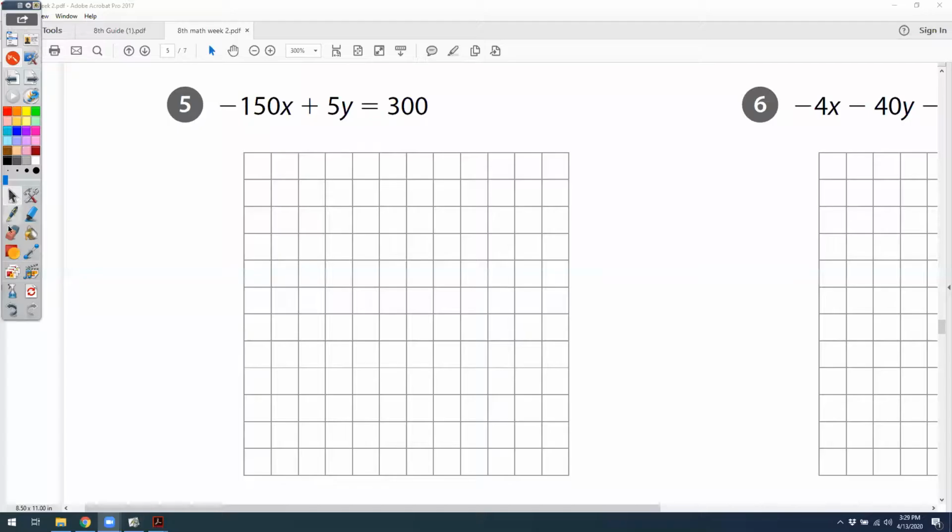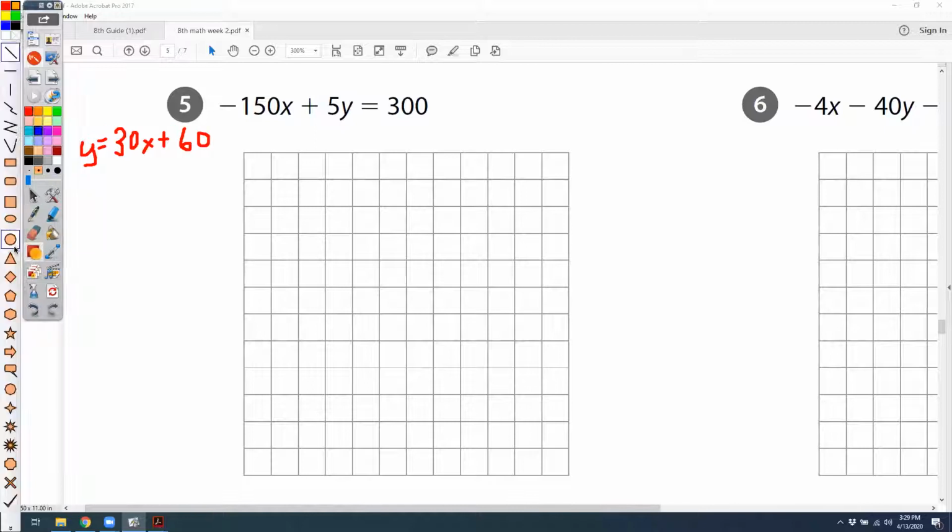All right, so here's what we just got. y equals 30x plus 60. This graph right here is kind of small.